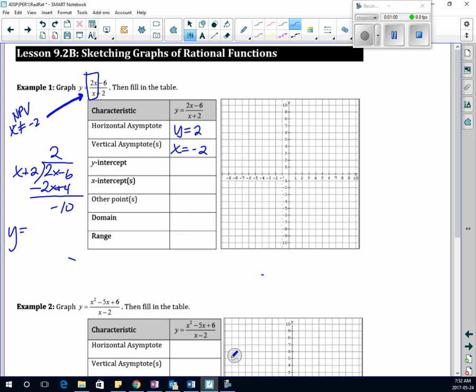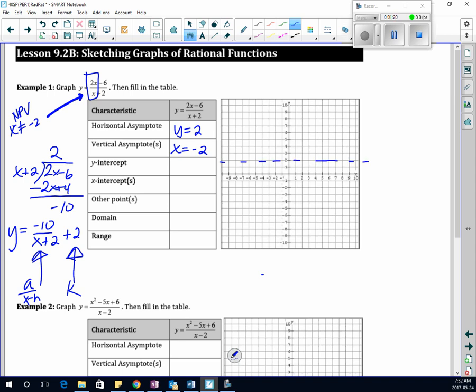So this is rewritten as -10 over x plus 2 plus 2. And you can see that is my k value. That is my a over x minus h. And my vertical asymptote is in fact -2, and my horizontal is shifted up 2.